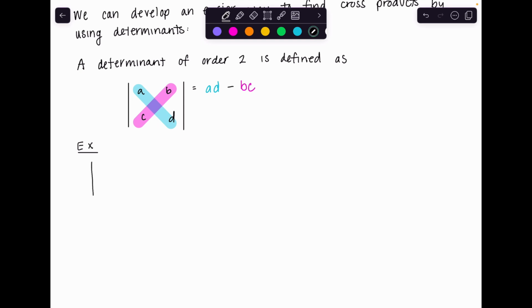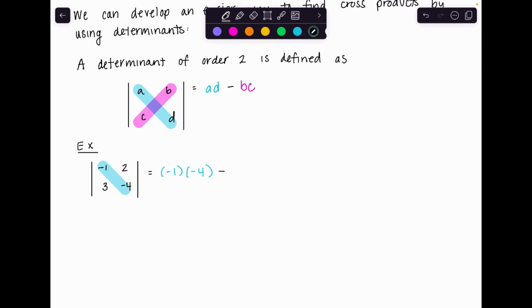If I have the determinant of the matrix -1, 2, 3, -4, we're going to go ahead and multiply the main diagonal. So that will give us -1 times -4.